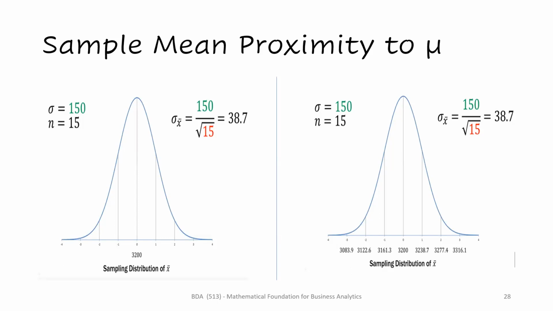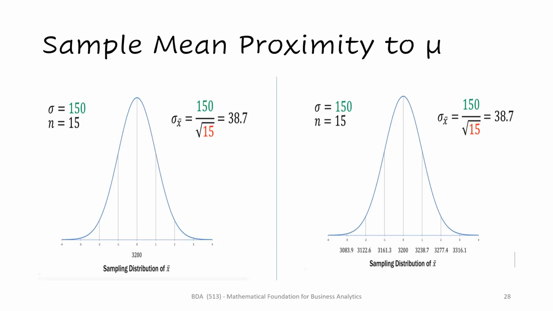Now, on the x-axis, you see where the mean is. You can denote this by 0, which is equal to the 3,200. In terms of standard deviation, here it is 0.